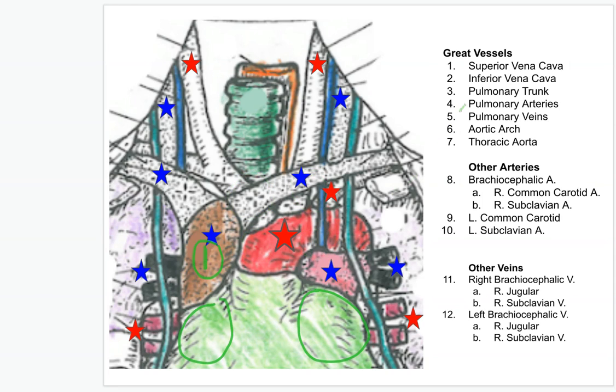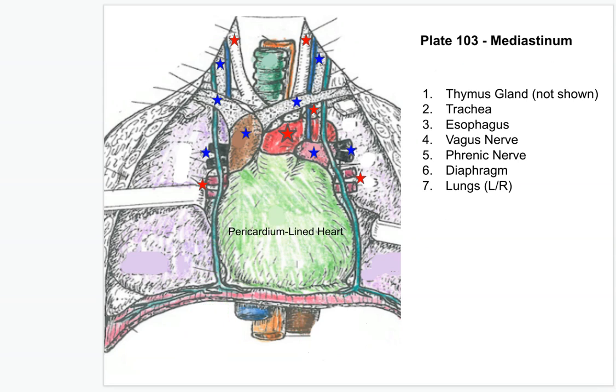I'll grab my green again. We said here is number one, so I'm going to check them off as we go. Inferior vena cava now. The inferior vena cava is actually not going to be on this picture very well. Actually, it's not there at all. So I'm going to jump to that last slide that you have. If we jump back to this last slide, the inferior vena cava is this blood vessel right here.